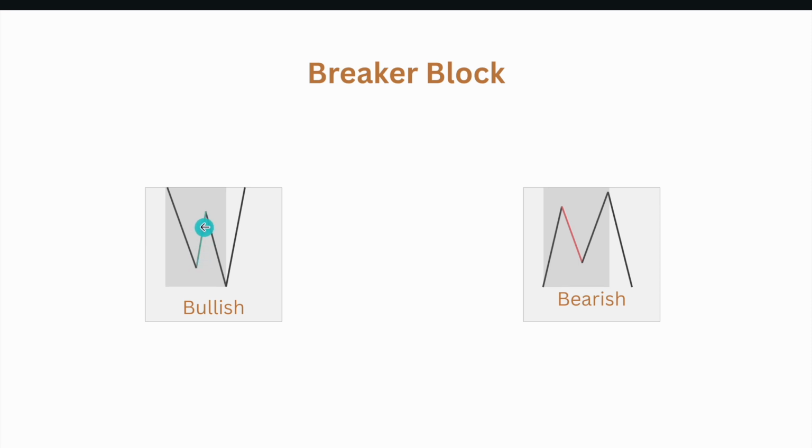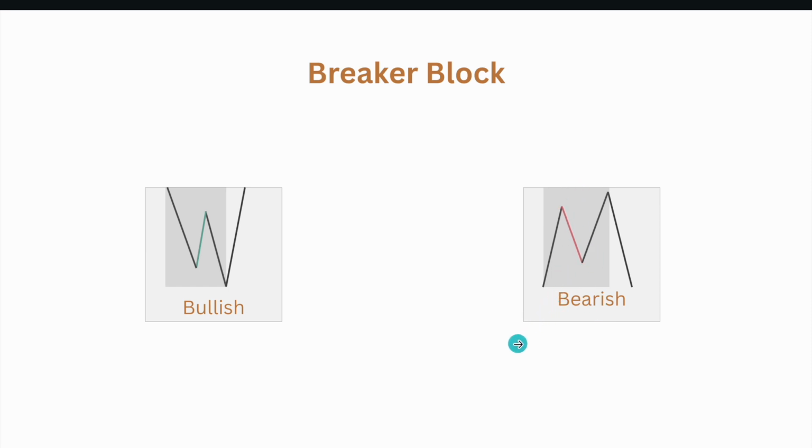So this bearish order block fails to create a bearish pattern, so it is called a bullish breaker block. It is a failed bearish order block called a bullish breaker block. A bearish breaker block is nothing but a failed bullish order block.